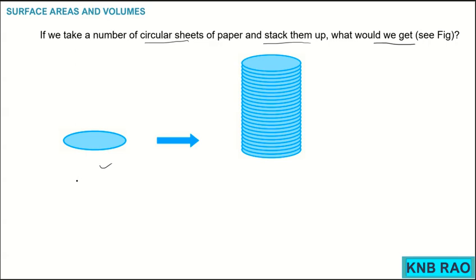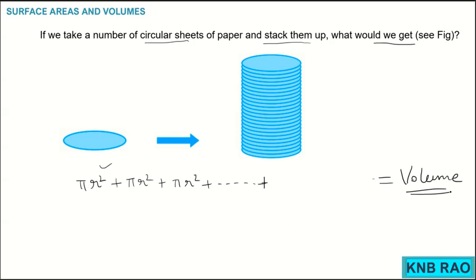You know, the area of one sheet is pi r square, and the area of so many, if I keep one over the other, will give a considerable volume, isn't it? Here one way volume is the sum of the areas of all these circular sheets.